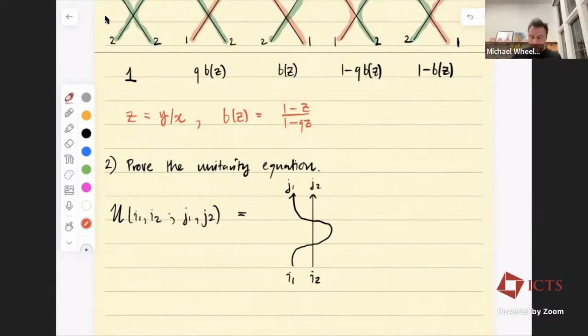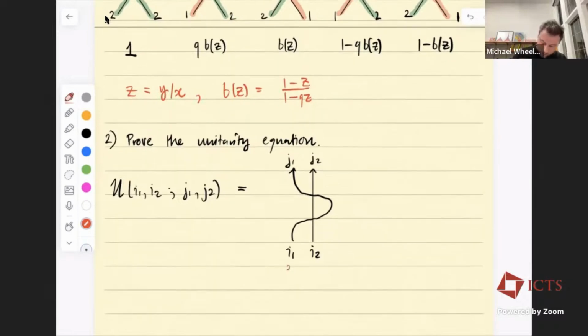And we need to pay attention to the spectral parameters. That's going to be of significance. So I'll choose this to be X and the second one to be Y. And it's very important to note that once you go through the first vertex, they actually switch positions relative to each other.